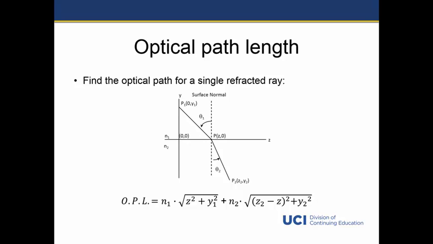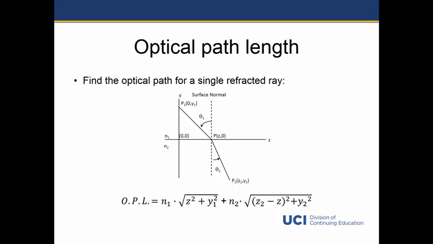Let's take a look at a single refracted ray, and let's assume this is my point P1 here, and in my coordinate system it's going to have a z coordinate of 0 and some y value of y1. It makes an angle theta 1 relative to the normal at the point of intersection, where it intersects at point P, coordinate z, y of 0. And then we're going to calculate the distance down to this P2 here.